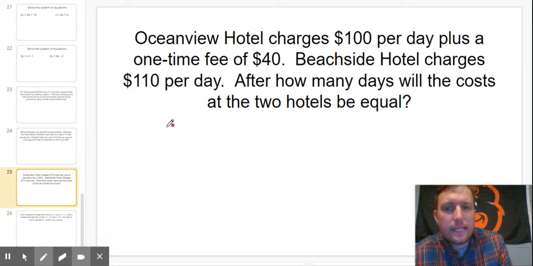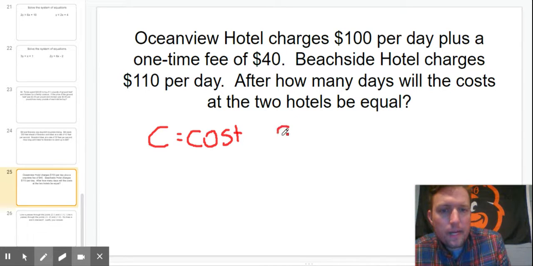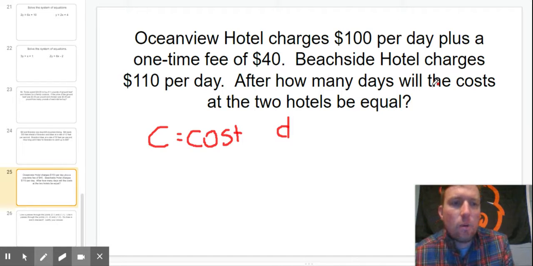I'm going to let C, the variable C, represent the cost, meaning how much it's going to cost for the hotel. And I'm going to let D represent the number of days, because that's really what we're trying to figure out. After how many days will the cost be equal? They'll kind of be catching up.